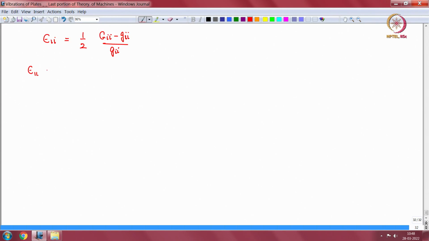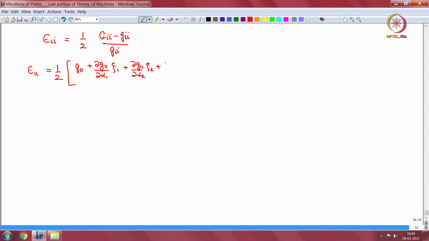Epsilon 11 is equal to 1/2 and then G11 plus del G11 by del alpha 1 xi 1 plus del G11 del alpha 2 xi 2.